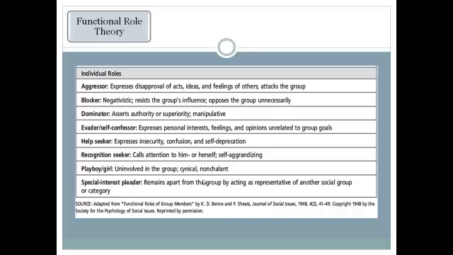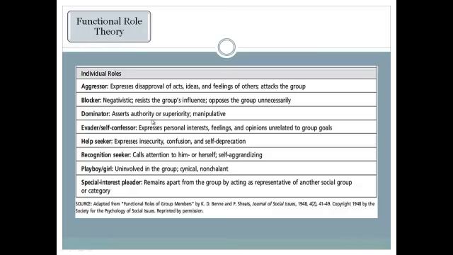Perhaps they don't want to be there, and they may engage in some of these behaviors. The aggressor expresses disapproval of acts, ideas, and feelings of others, and attacks the group. So this is someone who is really bitter and upset and might say, "Oh, these are terrible ideas, you guys are all idiots," that kind of thing. And that's probably not very helpful in terms of getting the job done.